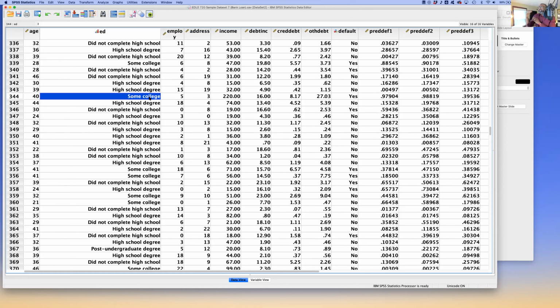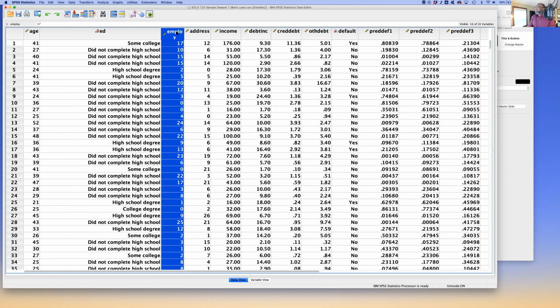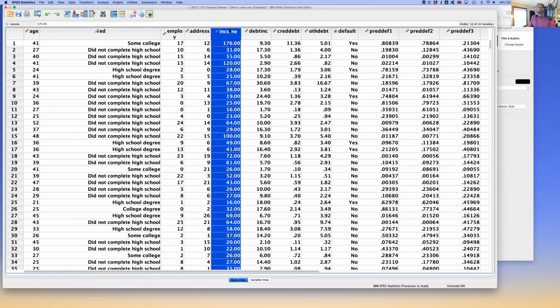If I take a look at income and education, those two are going to be very close. So basically I can make assumptions that based on these other values, they're going to be correlated with the other ones that we did include in the model. I don't think there's any relationship with any of the other variables in employment, right? I do believe that there's a strong relationship between income and education.